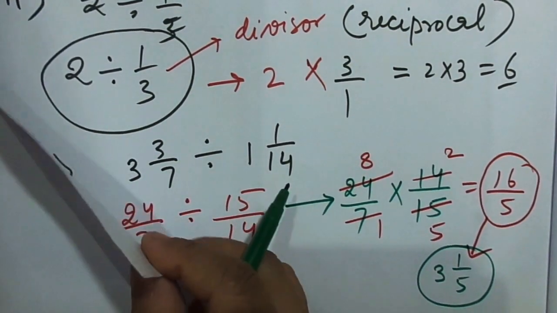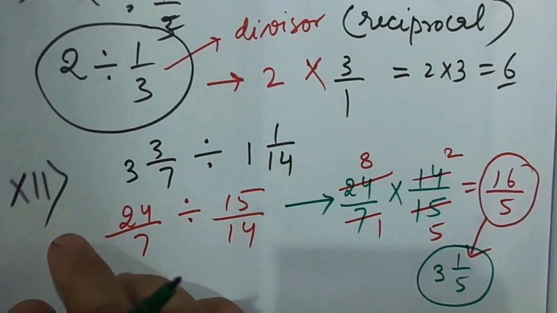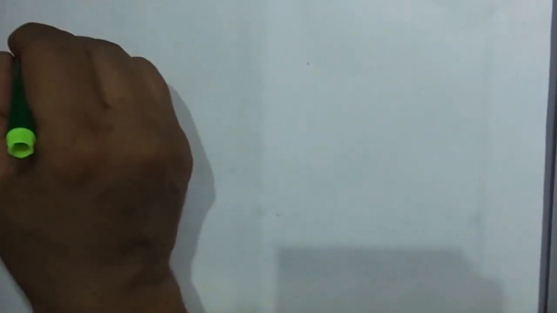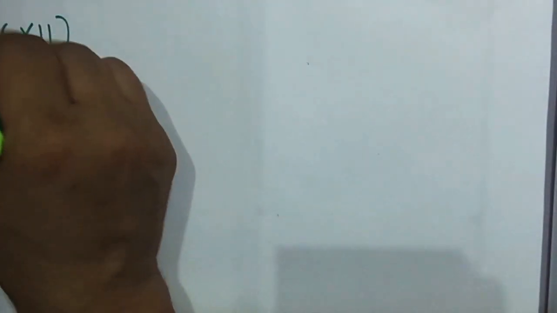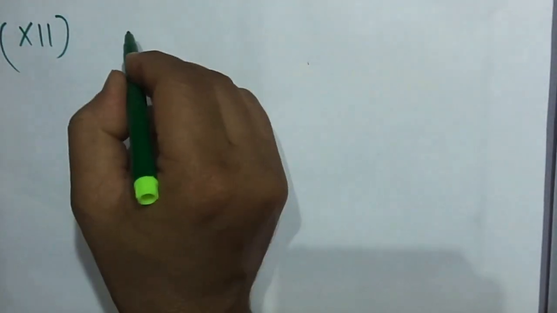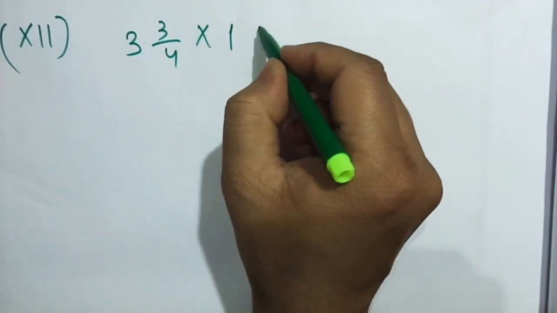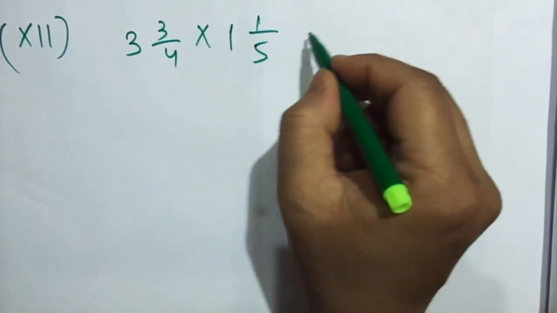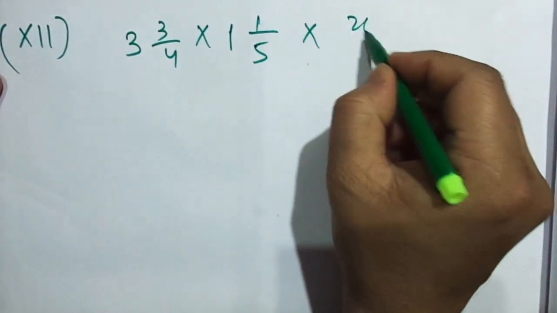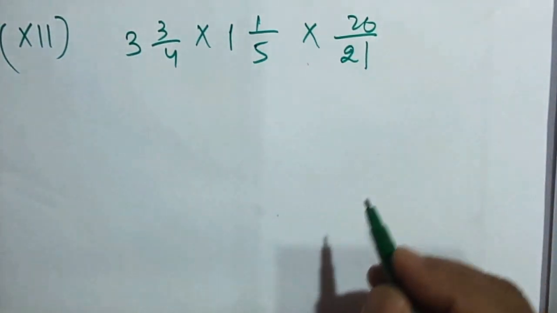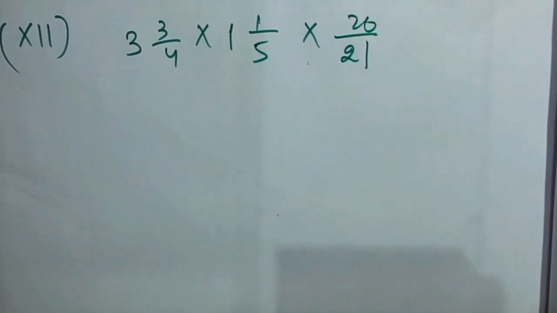In number 12, what I find is that they have given all the values in mixed numbers. 3 by 4 multiplied by 1 by 5 multiplied by 20 by 21. What we need to do?